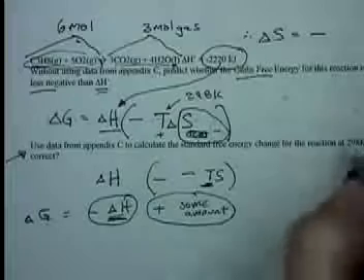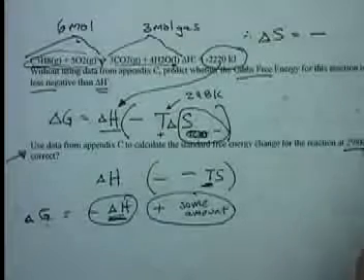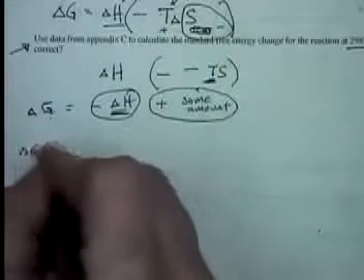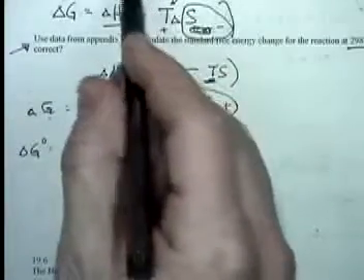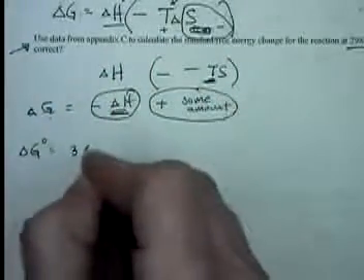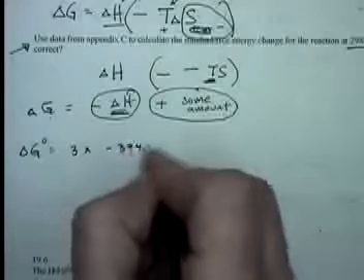It wants us to calculate the standard free energy of reaction at 298, so let's see what we come up with for a value. I'm just going to take the numbers from the back of the textbook here really quick. Carbon dioxide is 3 times negative 394.4.